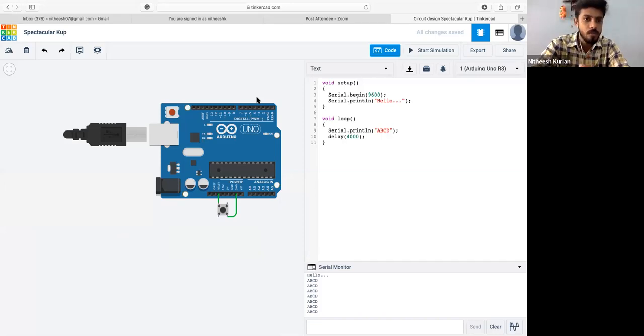For that, we have to use a light sensor. Whenever you are using a sensor, that is very important. Please listen carefully. There are different sensors, like light sensor, temperature sensor, humidity sensor, touch sensor, ultrasonic sensor, IR sensor.